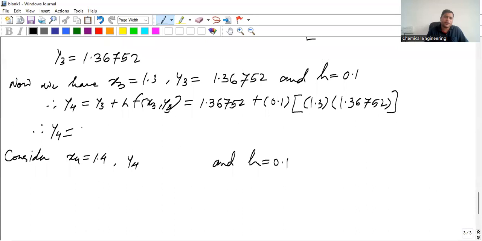What value of y4 are you getting? 1.5453. Some more digits. Sir, I have rounded off. So actually it is 1.5452. There is more than one value, so we need to confirm.